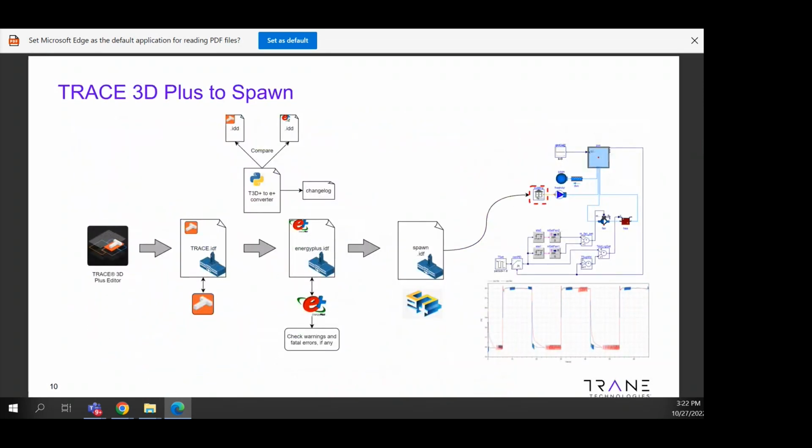Those are for warnings, just to make sure that I'm not significantly changing something in the model.